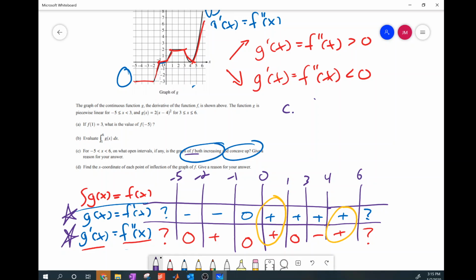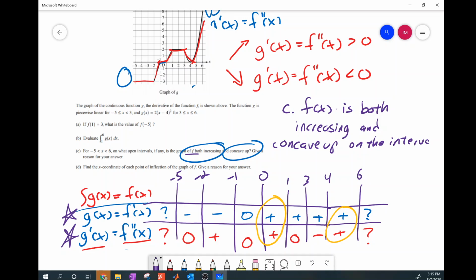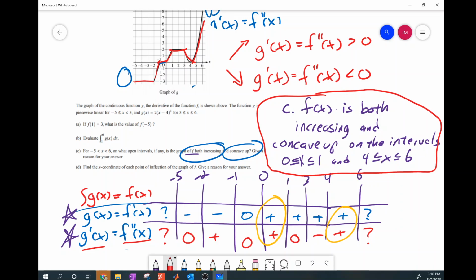So for question C, f of x is both increasing and concave up on the intervals 0 is less than or equal to x is less than or equal to 1, and 4 is less than or equal to x is less than or equal to 6. And that would be your answer for question C.